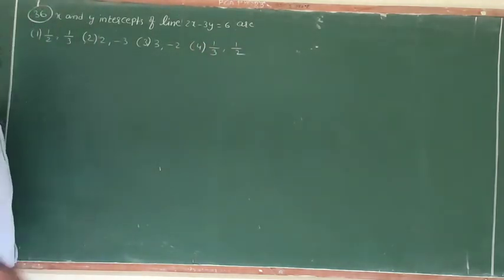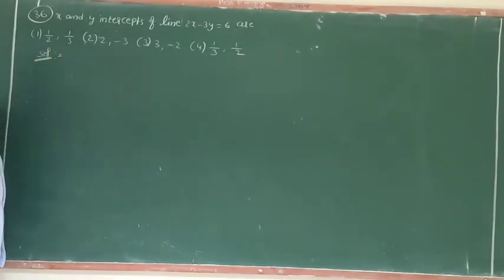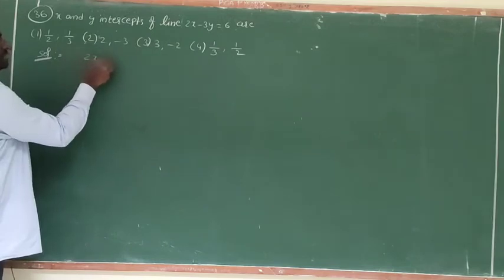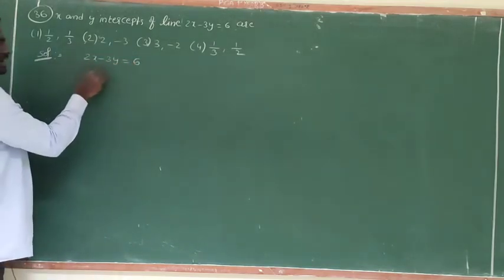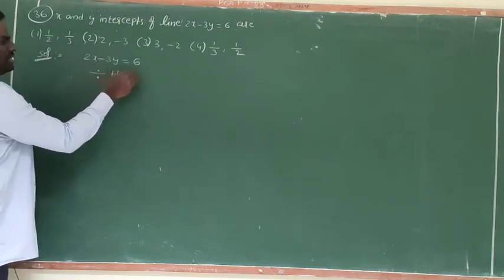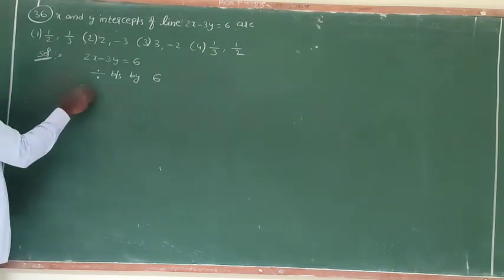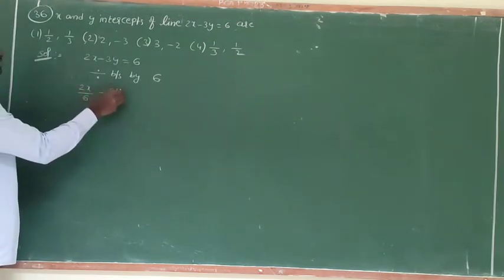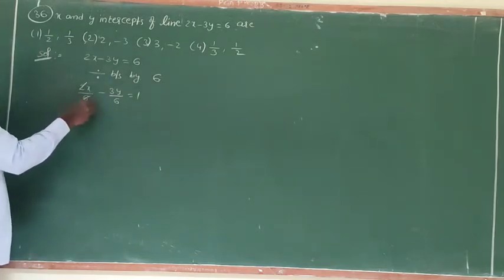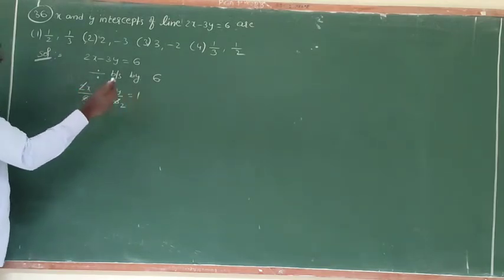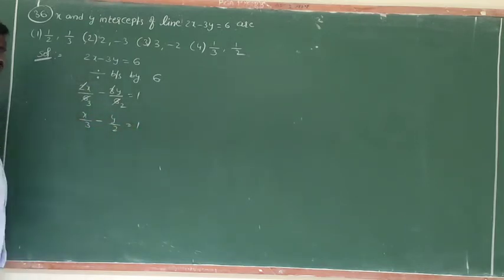First we need to convert the given line into intercept form. So the given line is 2x minus 3y is equal to 6. Dividing both sides by 6, we get 2x by 6 minus 3y by 6 equals 1. 2 1s are 2, 3 2s are 6, so they cancel: x by 3 minus y by 2 equals 1.